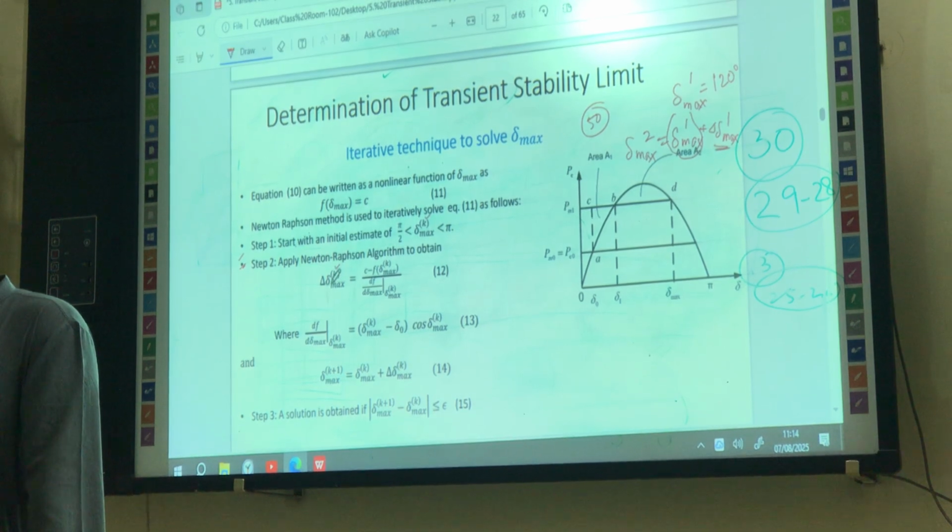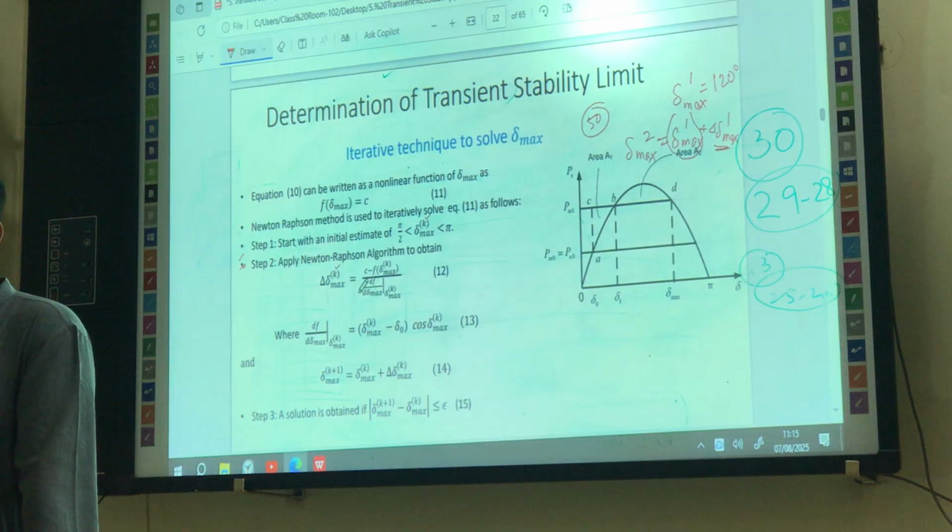This is the delta max. What will be the formula? I think you have already studied it in your power system 2 course, whenever you solve the load flow using the Newton-Raphson method. It will be c minus f of delta max. What is c?